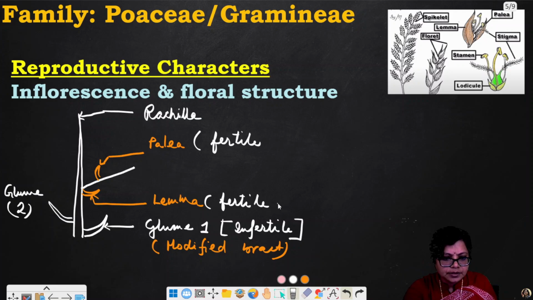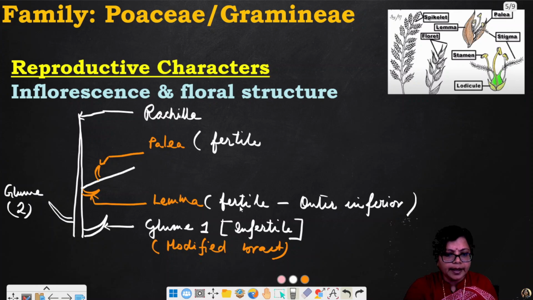So it is the outer inferior one and it is the inner superior one. These lemma and palea both are bracteoles.